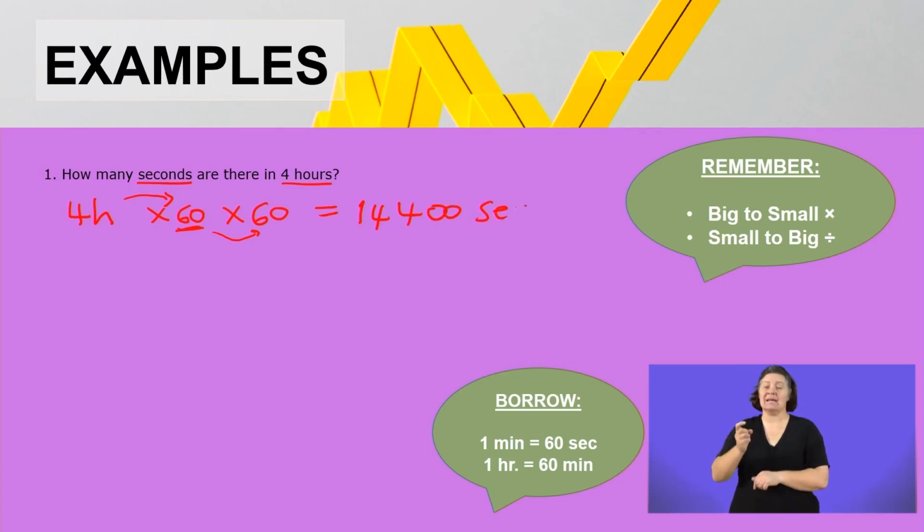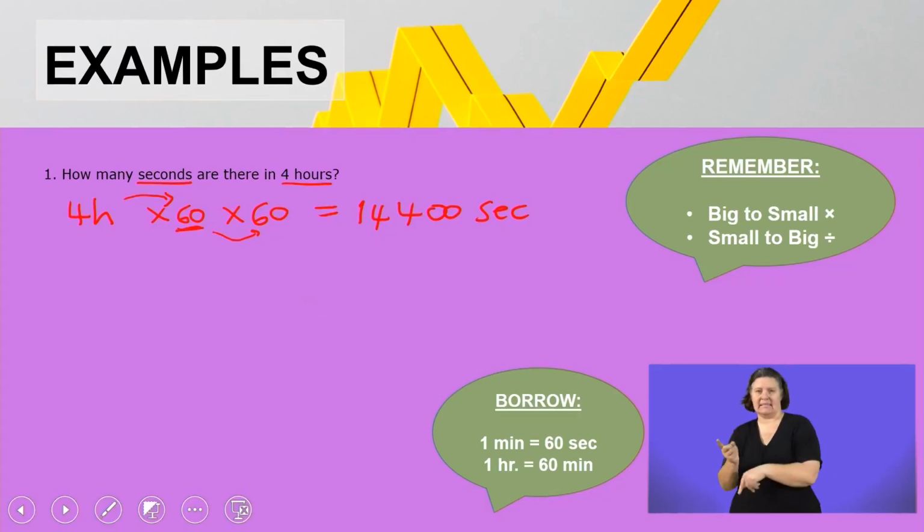And remember, it is seconds. I hope that is clear. You can also say 4 multiplied by 3,600 for that matter, because 60 times 60 will give you that 3,600. But it's always important to understand why we're doing certain things. So from hours to minutes, and thereafter from minutes into seconds.